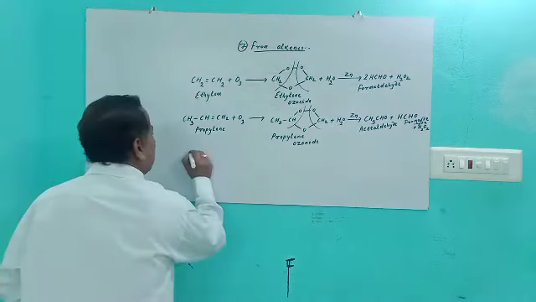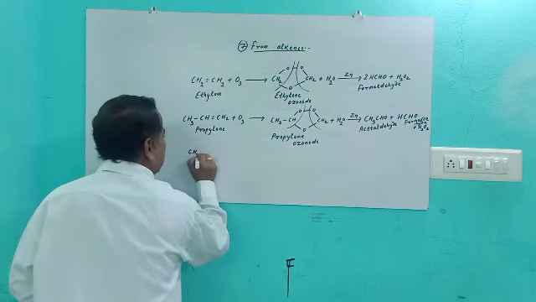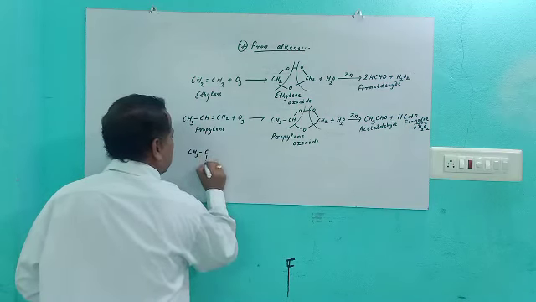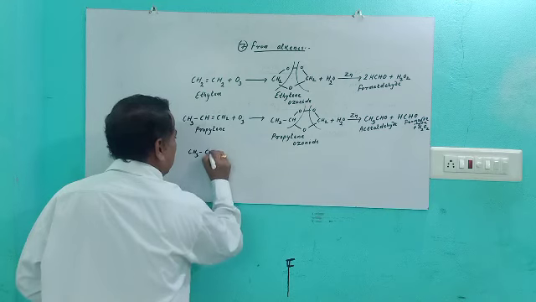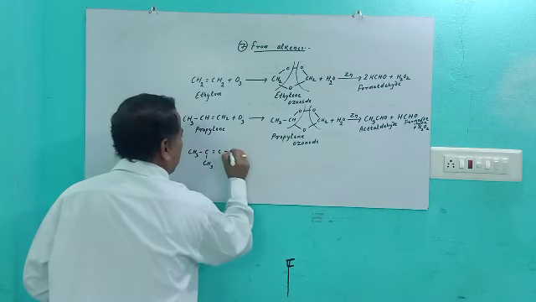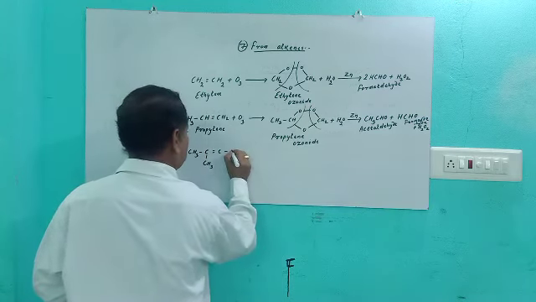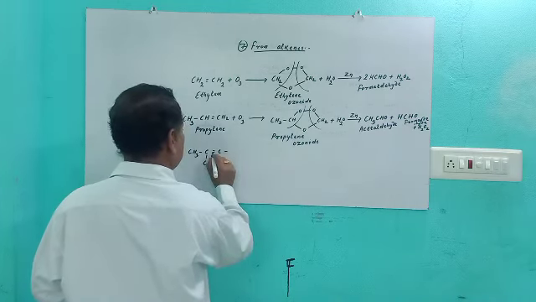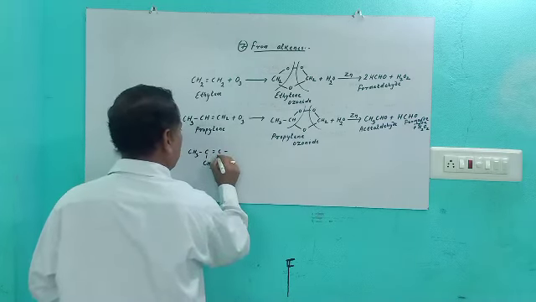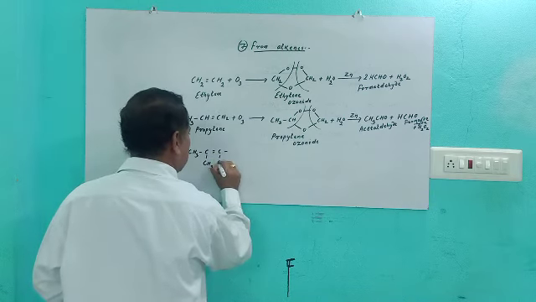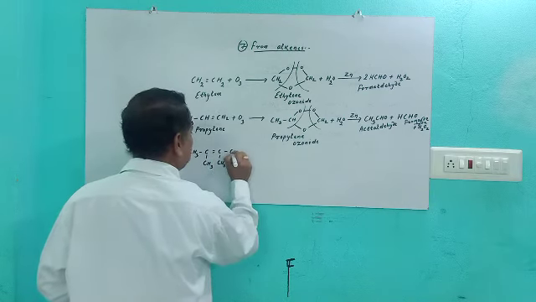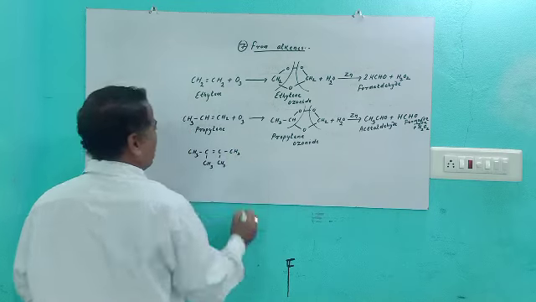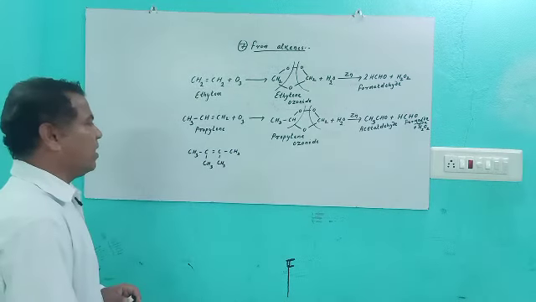If you take a compound like CH3-C(CH3)=C(CH3)-CH3, it is also an alkene.